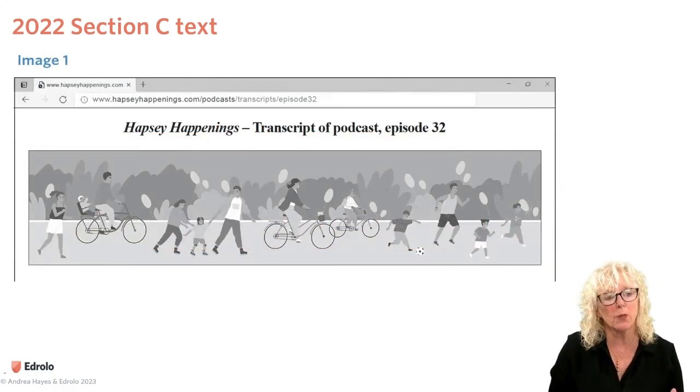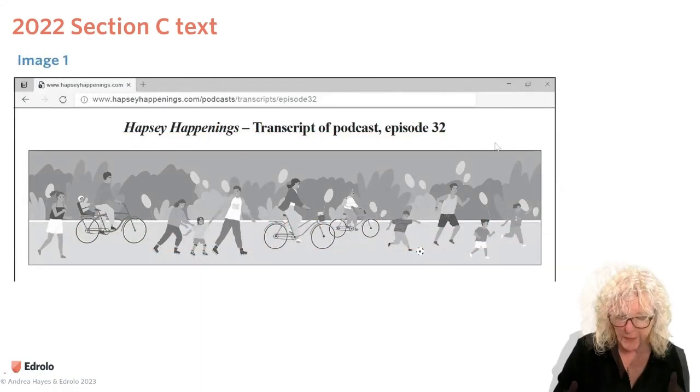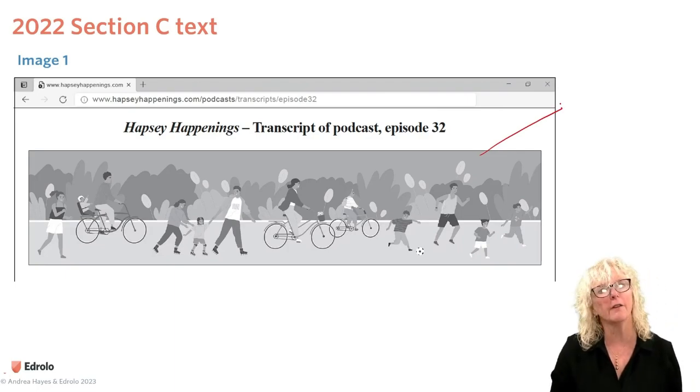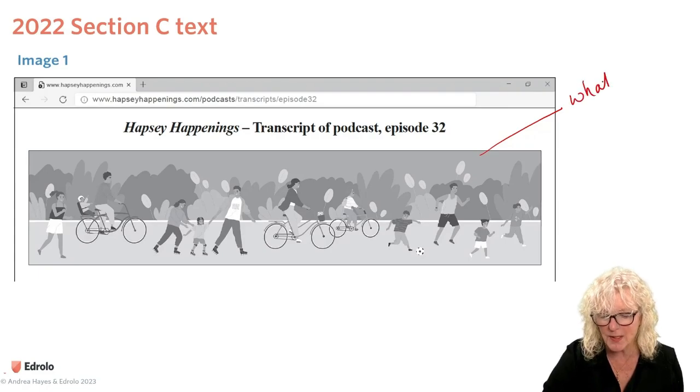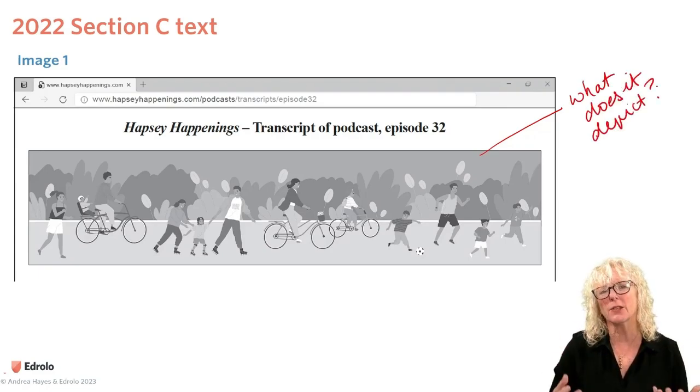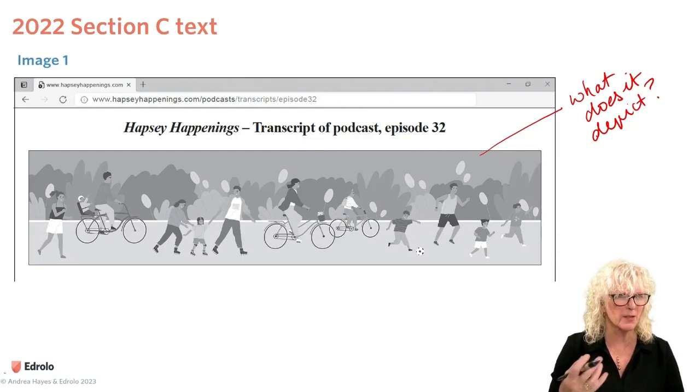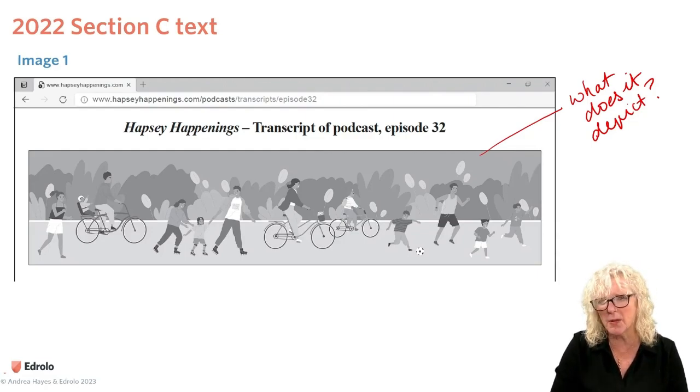When we look here, we have an image. The first image, it's not a photograph. You're fine to say it's an image or a graphic. It appears at the start of the podcast transcript, and you need to ask yourself, what does it depict? And then later on, you have to think, how does it link to the contention? Does it support the contention or an argument point, or does it challenge it?